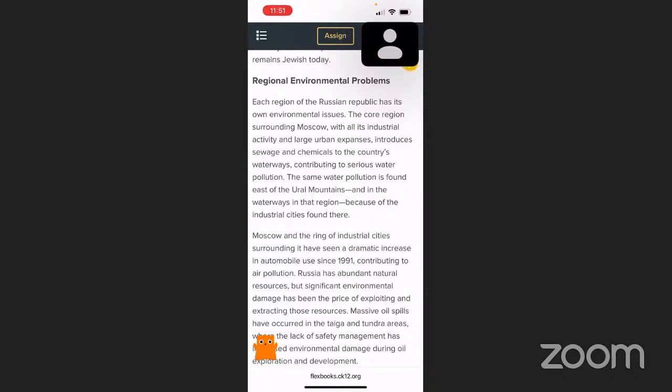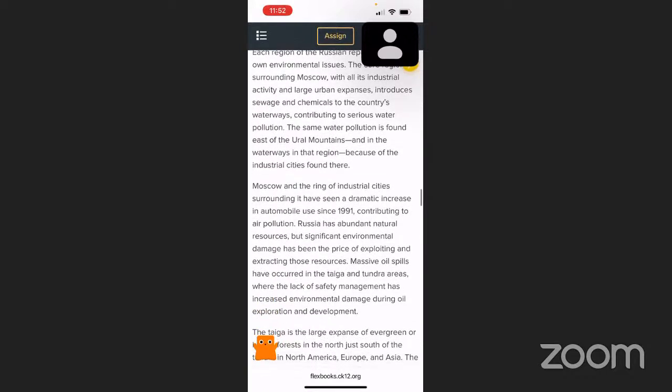The core region surrounding Moscow, with all its industry, activity, and large urban expanses, introduces sewage into the country's waterways, contributing to serious water pollution. The same water pollution is found east of the Ural Mountains and in the waterways in that region because of the industrial cities found there.